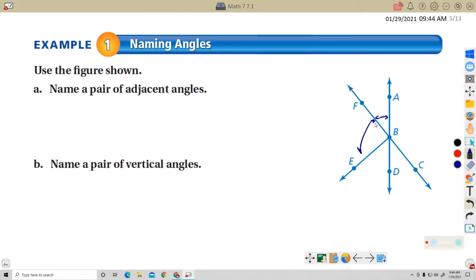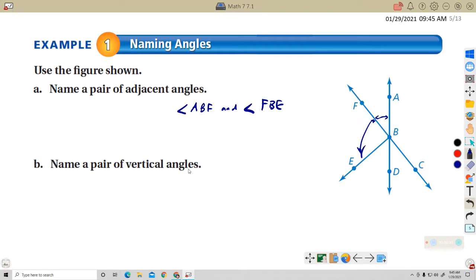So I could say angle ABF and angle FBE. ABF and FBE. And there's lots of adjacent angles here.